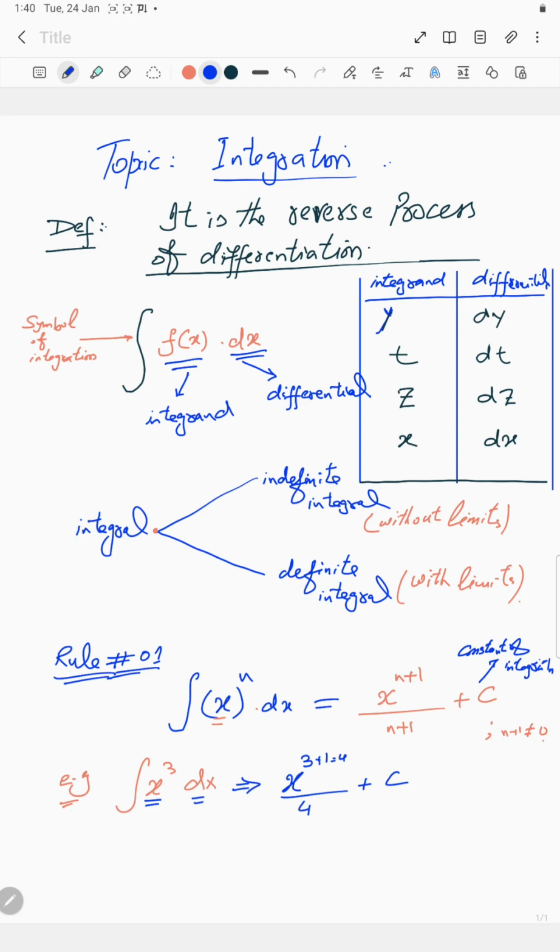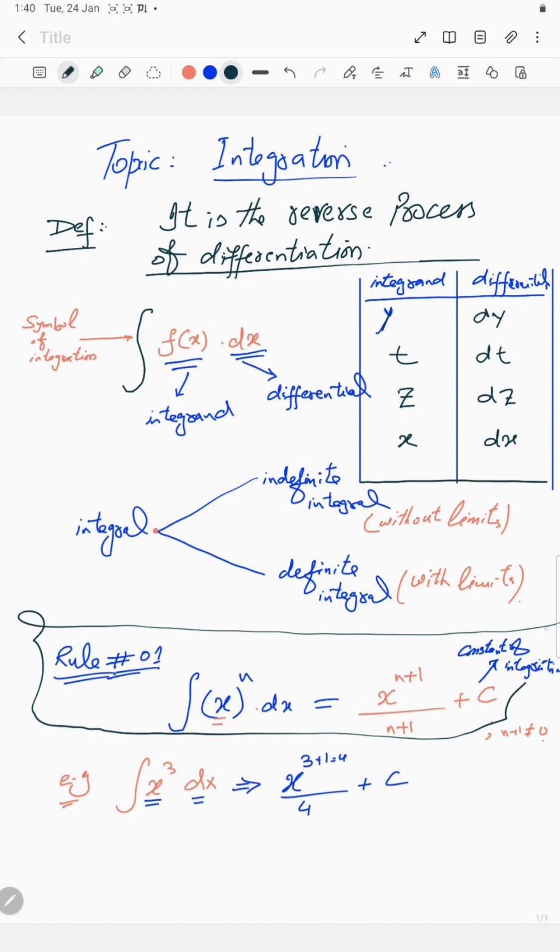So this was rule number 1, and finally x to the power 4 by 4 plus c is the answer.